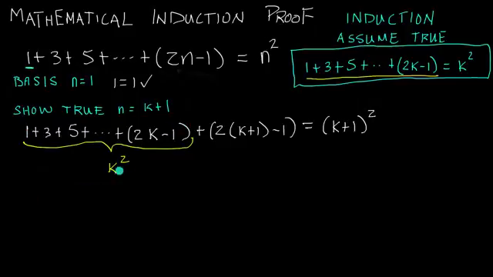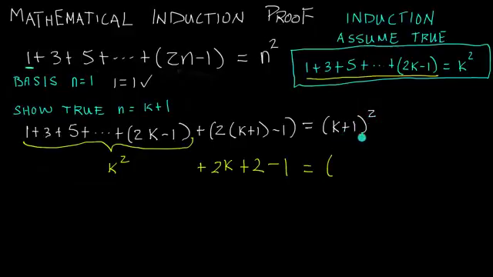Then all we have to do is add that to the 2 times k plus 1 minus 1 and see if that's equal to k plus 1 squared. This part, 2 times k, is 2k, and then distributing the 2 times the plus 1, this would be plus 2, and then we have the minus 1 over here. So is that equal to k plus 1 squared?